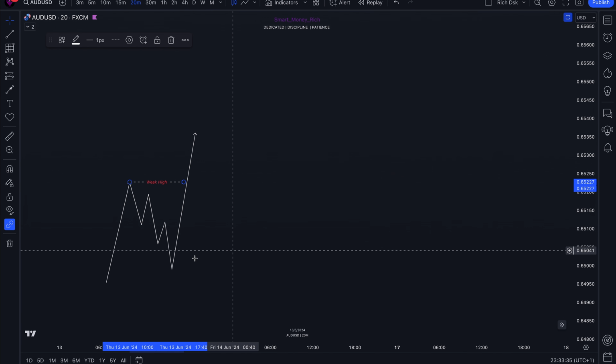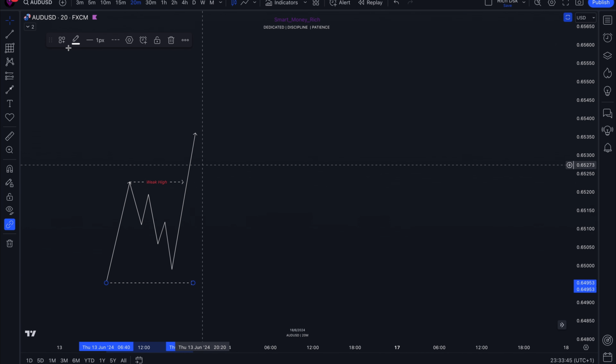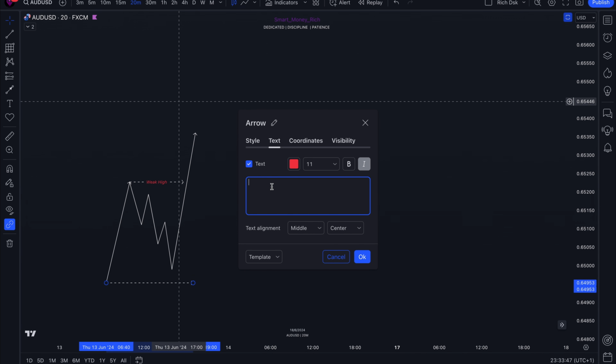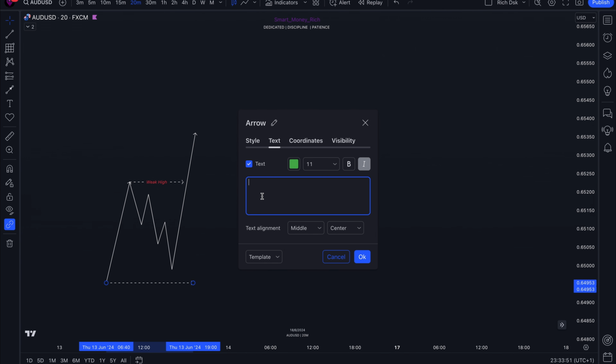Very good. And now for the fact that price failed to break this low, it will now be considered a strong low. So in this case, that low will be considered a strong low, right? Because price has failed to break that low.